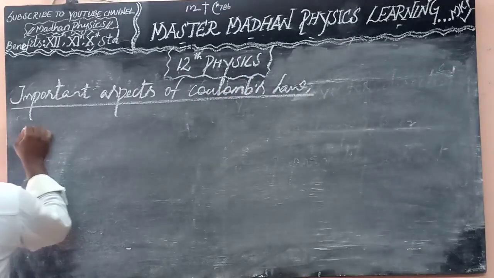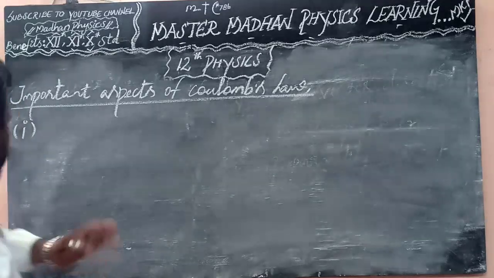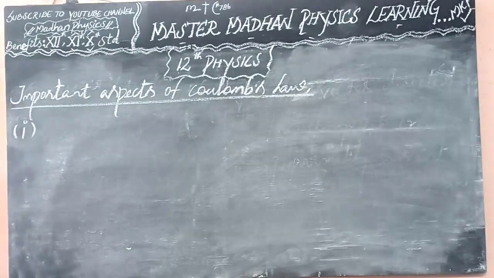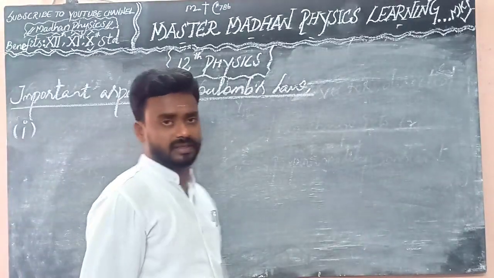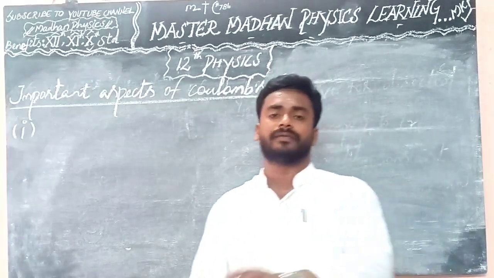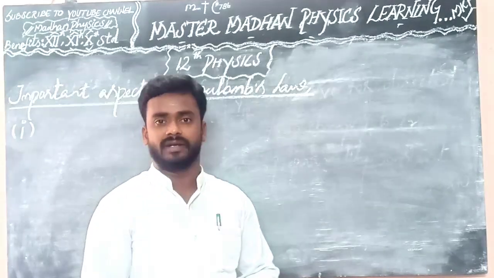So, first point. What are the important effects of Coulomb's law? If they are given as 7 points, this is one of the most important 5-mark questions. You should keep this constantly in mind.